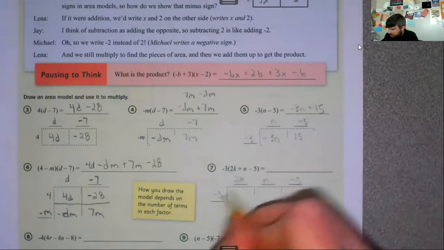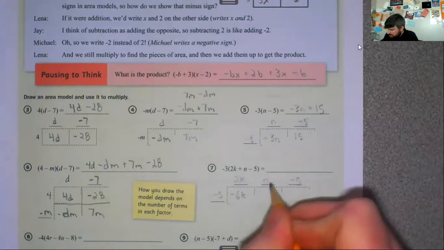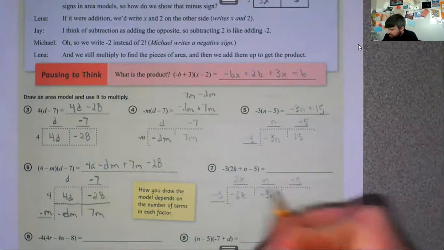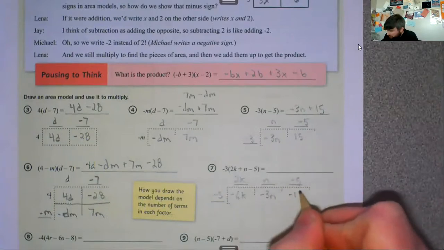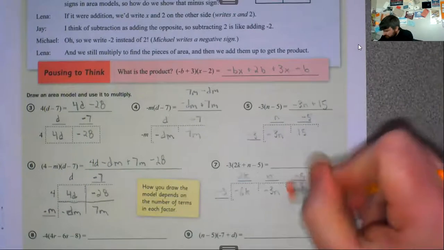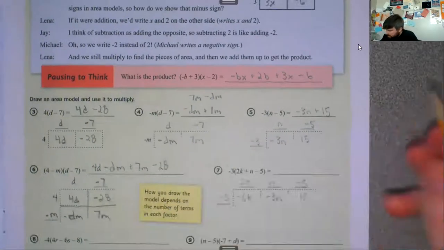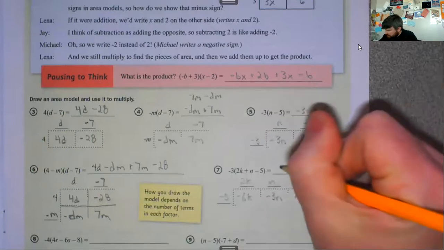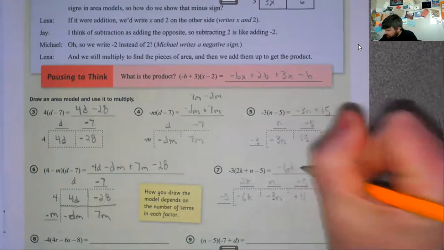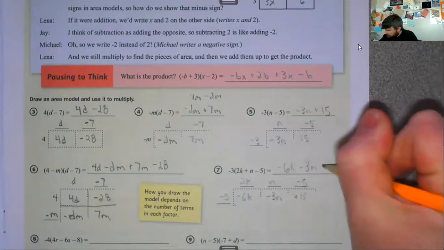So negative 3 times 2k is negative 6k. Negative 3 times n, negative 3n. Negative 3 times negative 5 is positive 15. Okay, I'll just go ahead and put a plus there. So here we have negative 6k minus 3n plus 15.